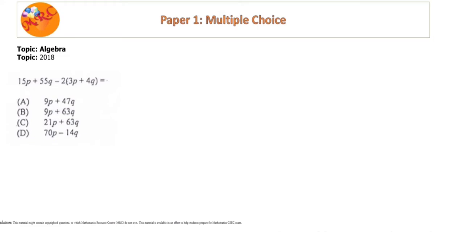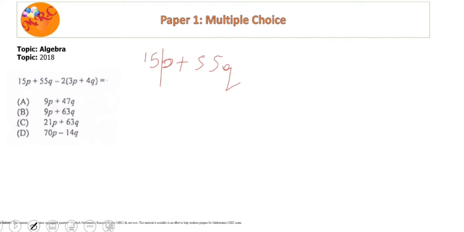So our first question is 15p plus 55q minus 2 open bracket 3p plus 4q close bracket equals. All we're going to do with this question is simplify. We start with our 15p. There's nothing there to simplify as yet, plus our 55q.